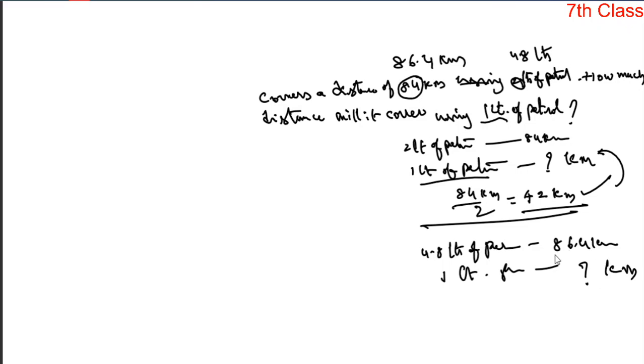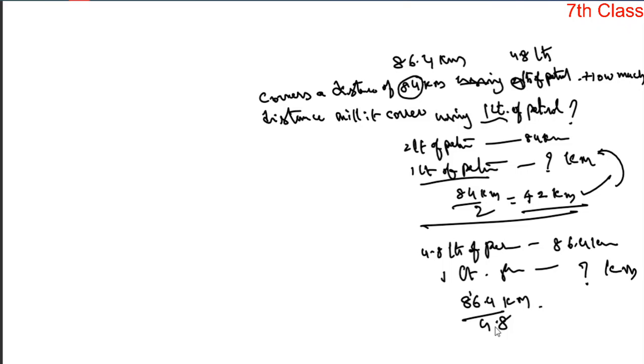Here also we will divide 86.4 kilometers by 4.8. Then we will get the distance covered by 1 liter. That means 86.4 kilometers divided by 4.8. So this is the division. Now is it correct?